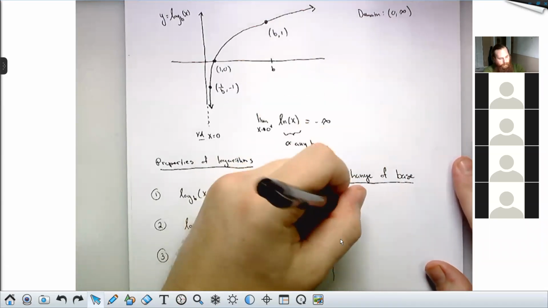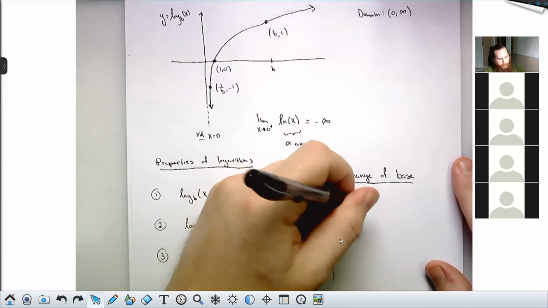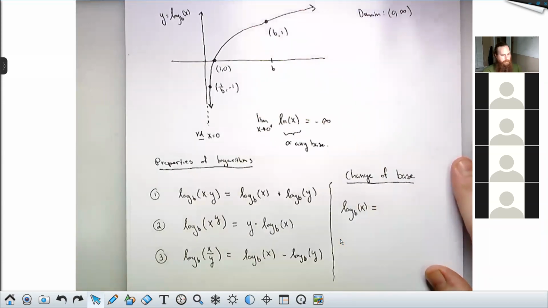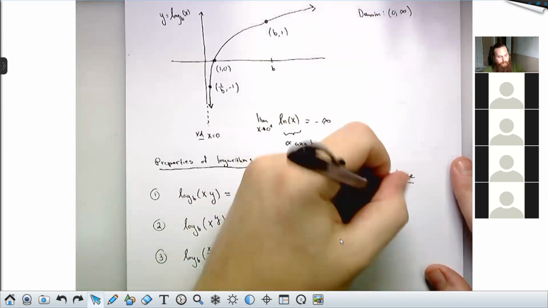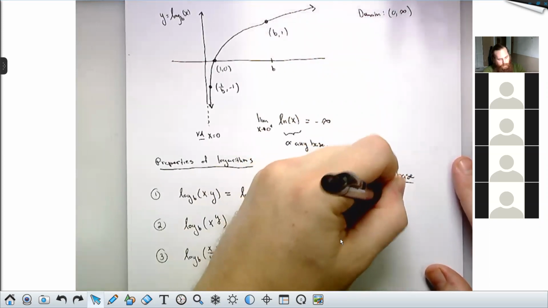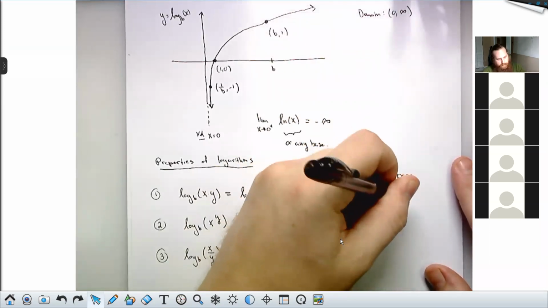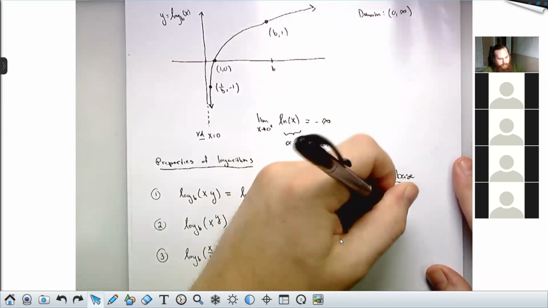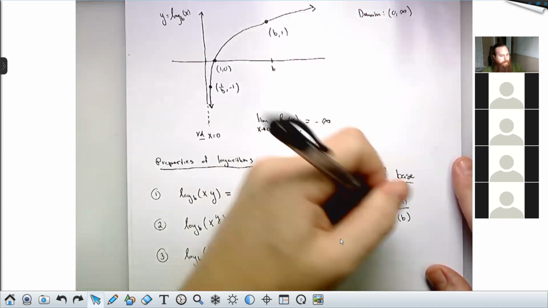This says if you have a base b logarithm and you want to turn it into some other base logarithm, say c, or the natural log, you can always write this as the base c log of x divided by the base c log of the old base.